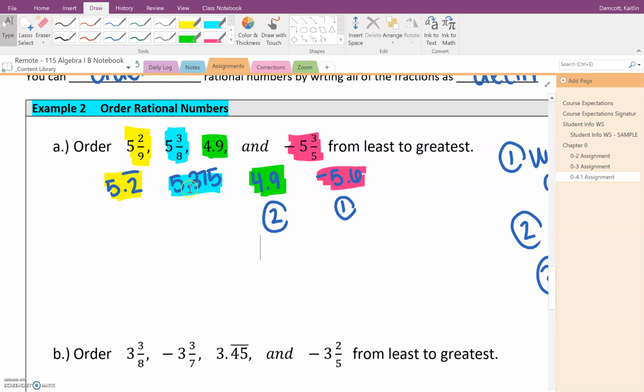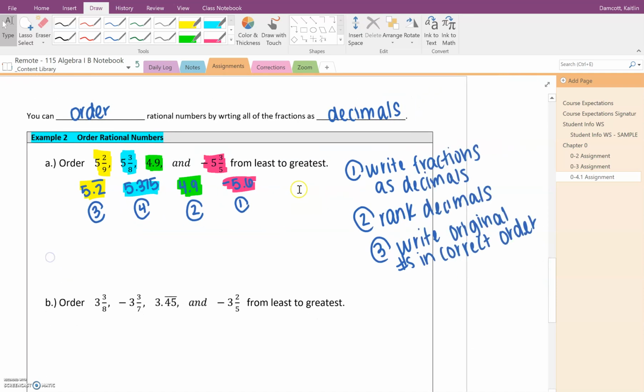And then the 5 and the 5 are the same, so we'll move on to the next place value. So we're comparing a 2 to a 3. A 2 is going to be smaller than a 3, so this comes next. And then finally, in 4th place, the 5.375. So we did from least to greatest. We checked that out. So now we've completed step number 2 where we've ranked the decimals.